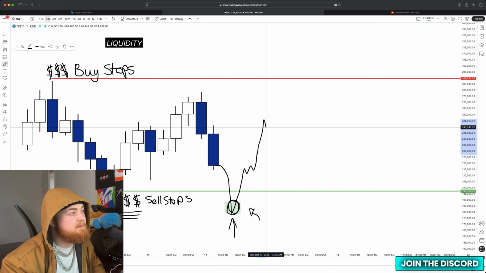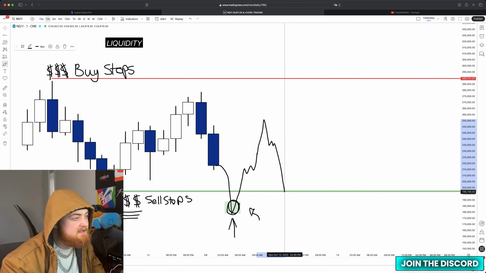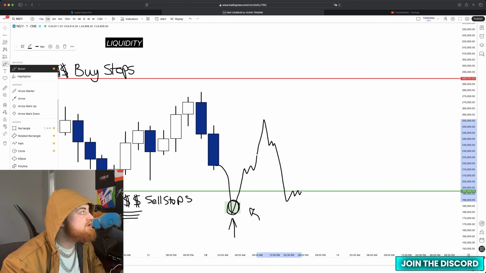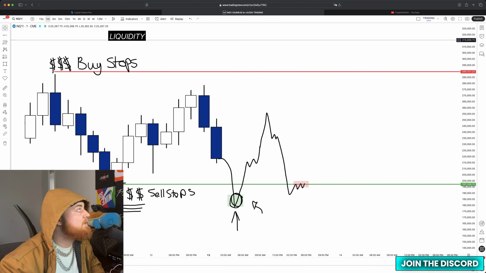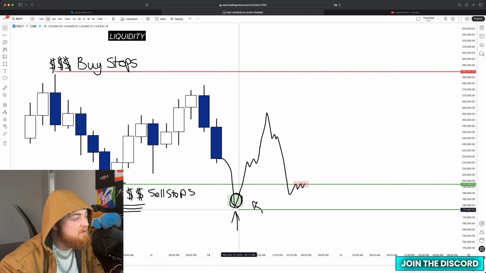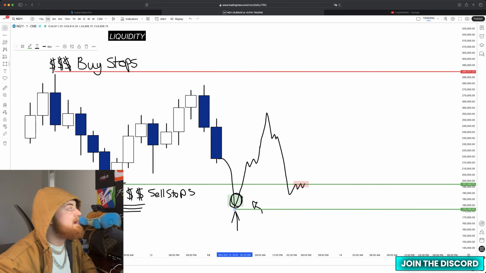The market pushes up, it falls back down, it comes down to this low, it gets underneath it, and it can't get back above it now. This should be a huge red flag, a massive red flag that the market needs to go and run more liquidity. Why?